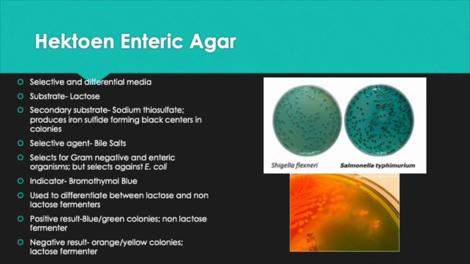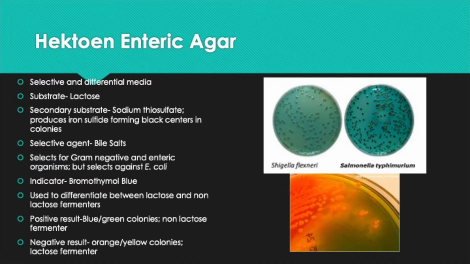So our positive results were coming from fermenters. For HEA, my positive results are non-fermenters. So it's different than EMB and MacConkey. For EMB and MacConkey both, we were looking for E. coli. Well, E. coli is a lactose fermenter, so that's my positive result. But for HEA, we're not looking for that anymore. We're looking for Salmonella and Shigella. Both of those are non-fermenters. So our positive results are going to be non-fermenters.